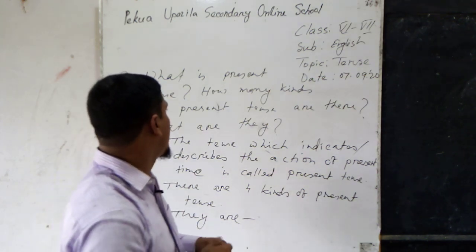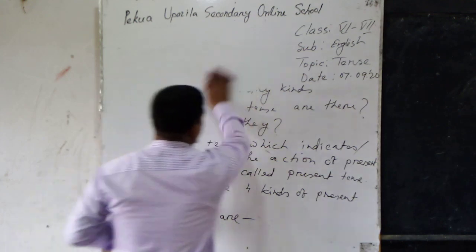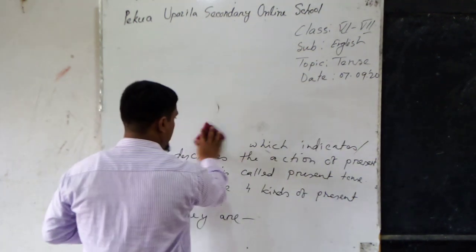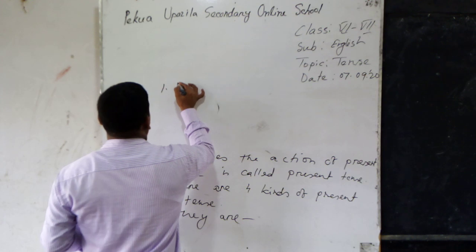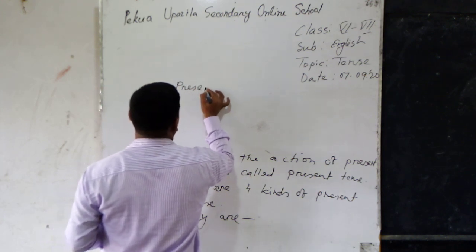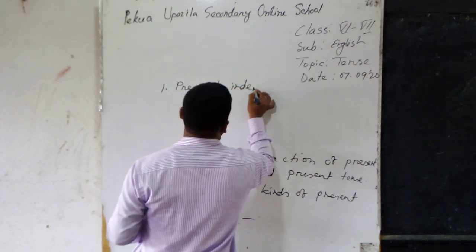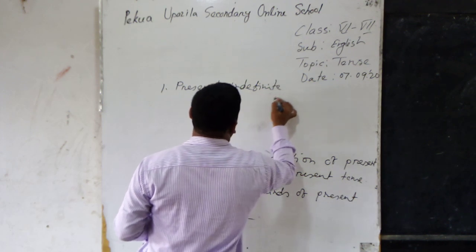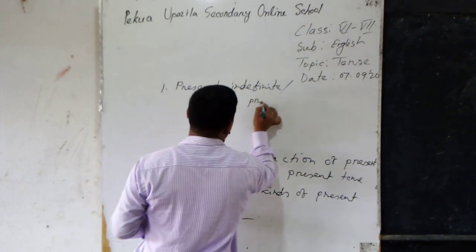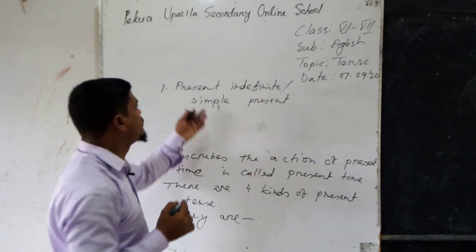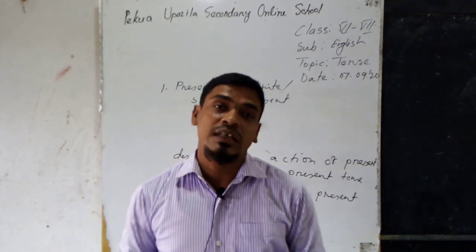dear students, I erase the upper portion of the whiteboard. Number 1, present indefinite, or another name is simple present. Two names here. Many books only write present indefinite. Some books also mention simple present.